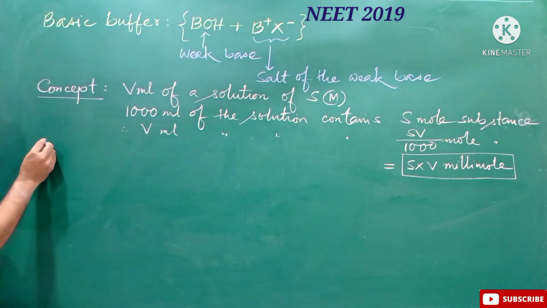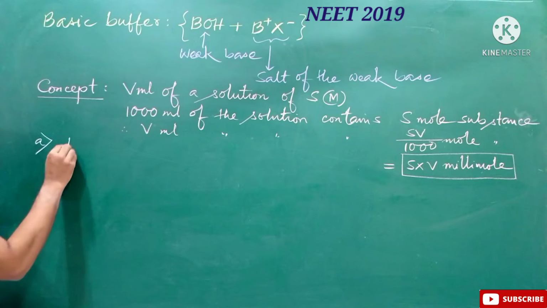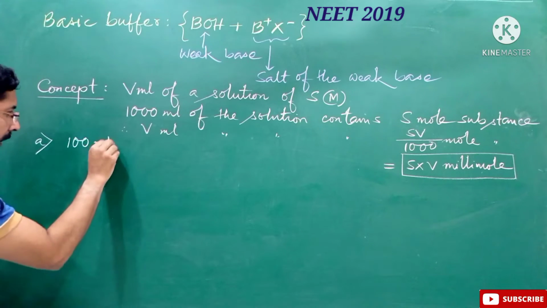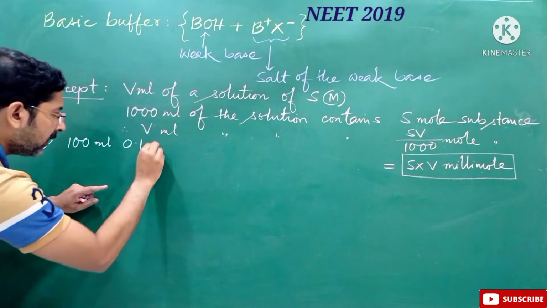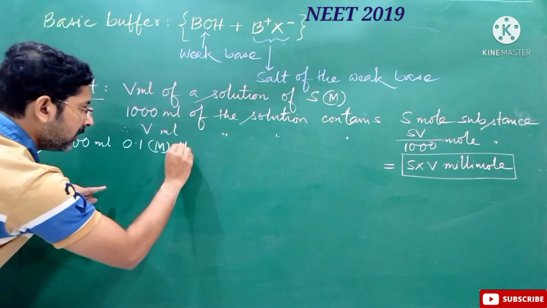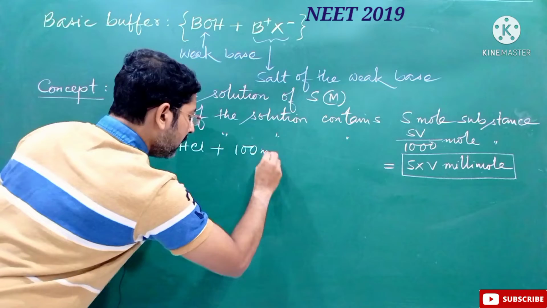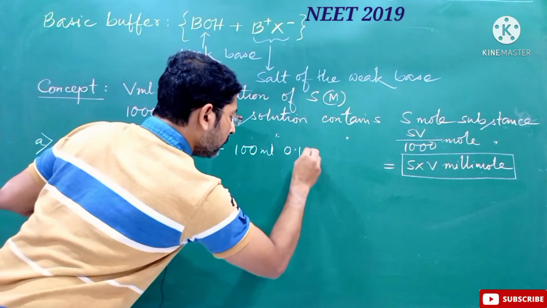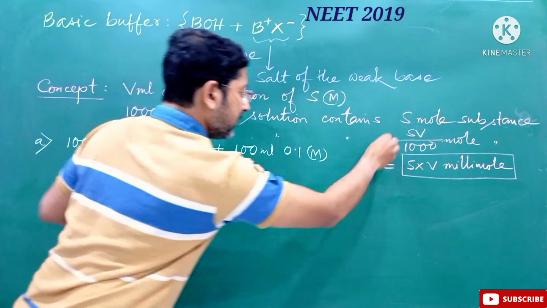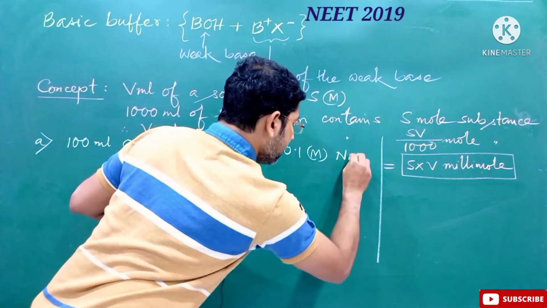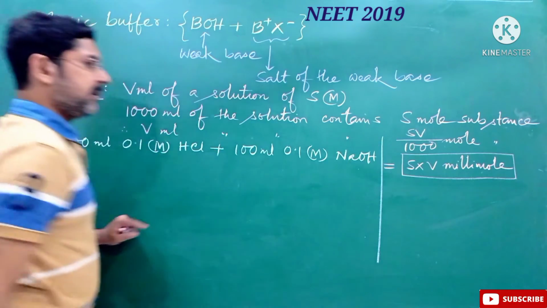Now option A is 100 mL 0.1 molar HCl plus 100 mL 0.1 molar NaOH, right?